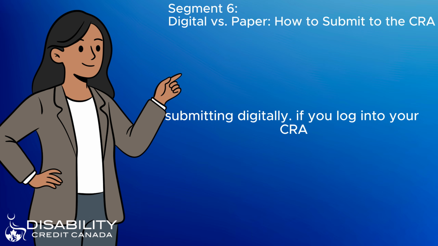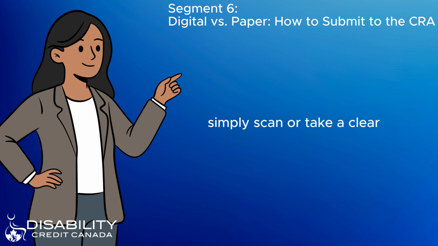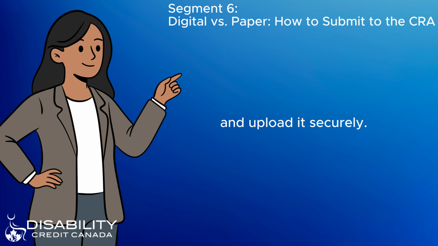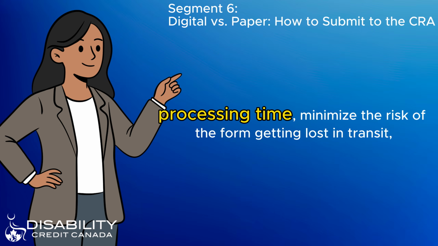If you log into your CRA My Account portal, you can use the Submit Documents feature. Simply scan or take a clear, high-quality photo of your completed Form T2201 and upload it securely. Digital submissions drastically reduce processing time, minimize the risk of the form getting lost in transit, and give you an instant tracking confirmation number.